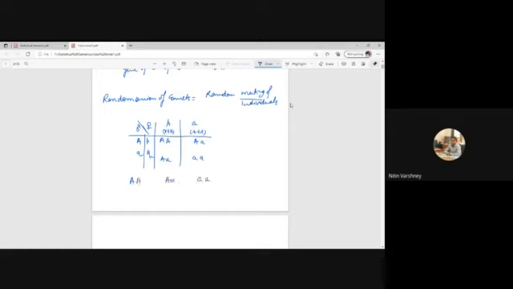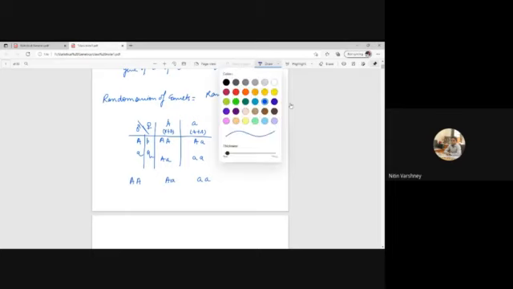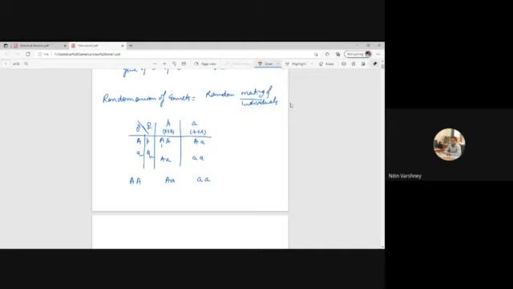See here, what will be my frequency in the next generation by using this? This will be p into (r plus s). This will be p into (t plus s). This will be q into (r plus s). This will be q into (t plus s).